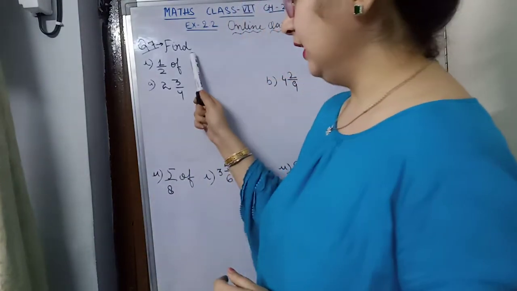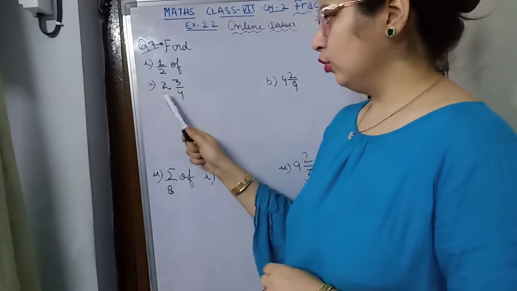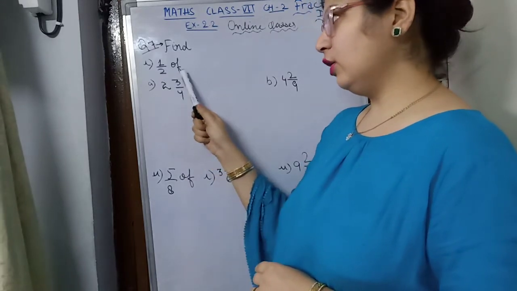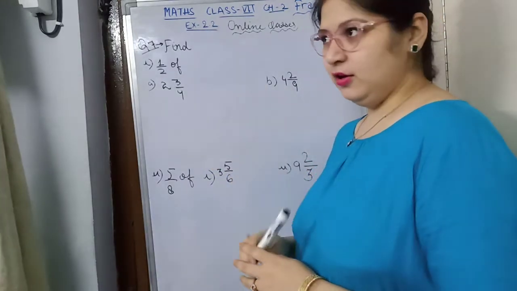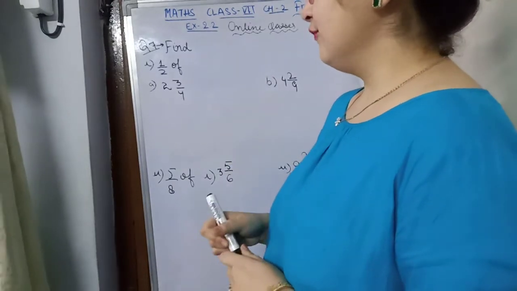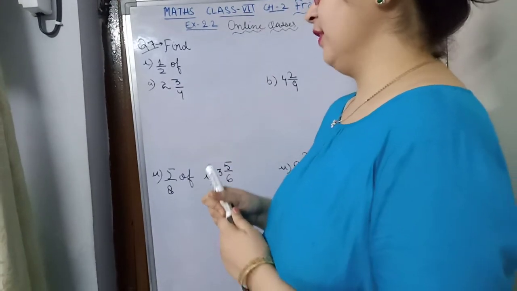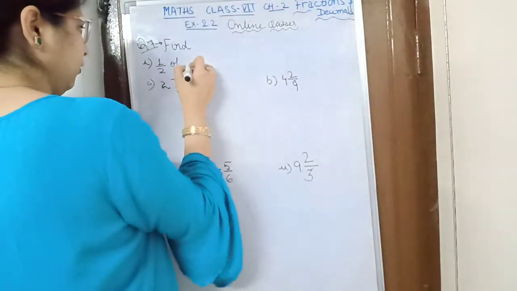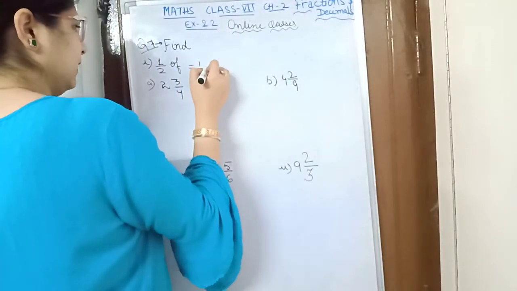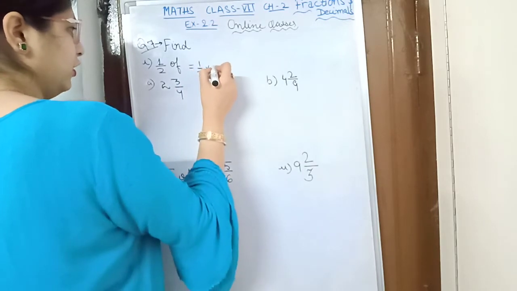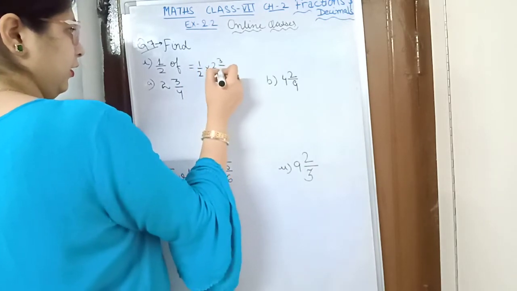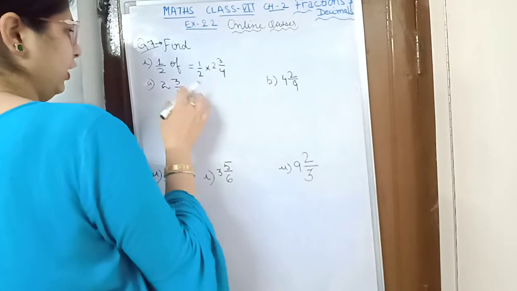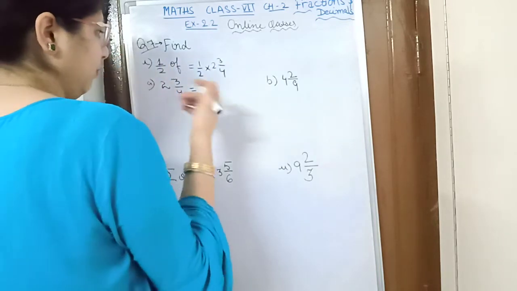They are saying find 1 by 2 of 2 3 by 4 and 1 by 2 of 4 2 by 9. First of all we will solve the first part, 1 by 2 of 2 3 by 4. "Of" means multiply. Convert 2 3 by 4 into an improper fraction.